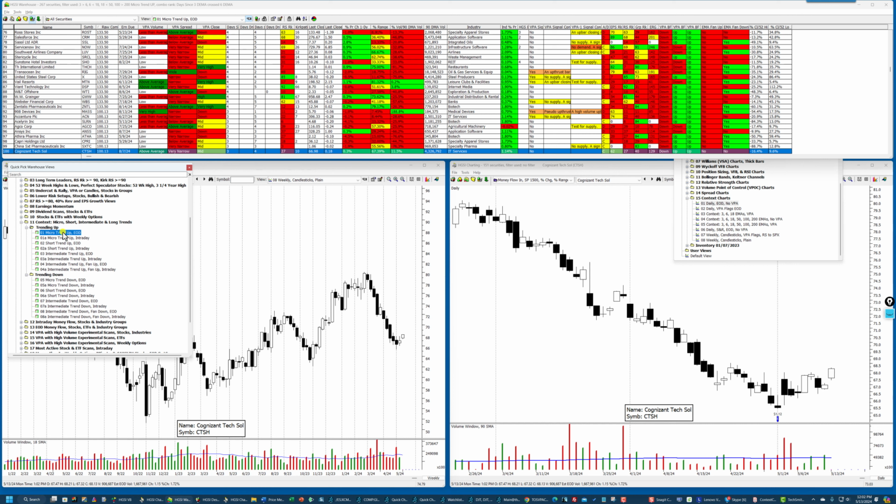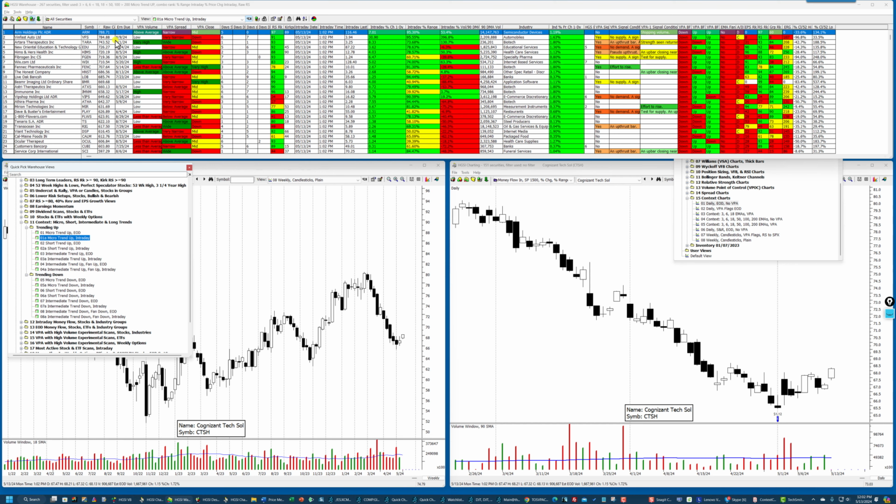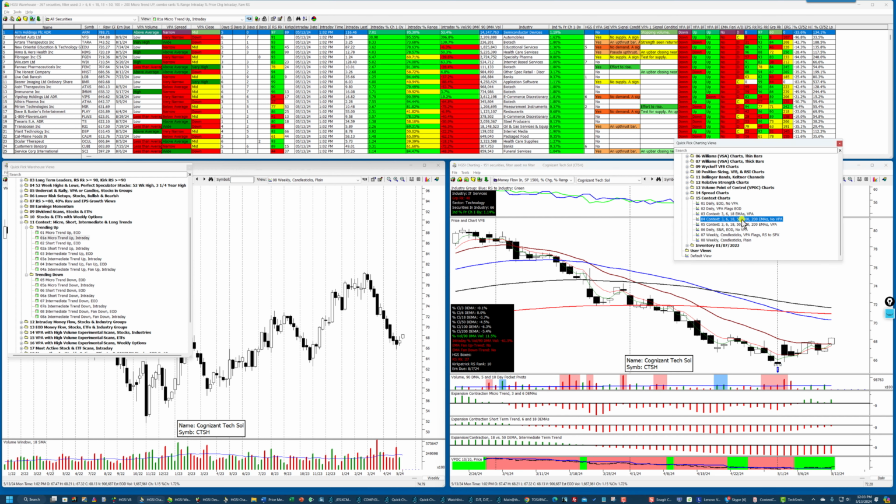If I'm looking for stocks that are possibly turning up, I would just go here to the micro trend, and I'll show you that here's ARM. It's up intraday today 7%. The days since it crossed over is 6 days ago, but the VPOC, or volume point of control, just crossed over yesterday. So let me bring up one of these context charts with the EMAs without VPA, and you can see that the 3 has crossed the 6, and it crossed back here.